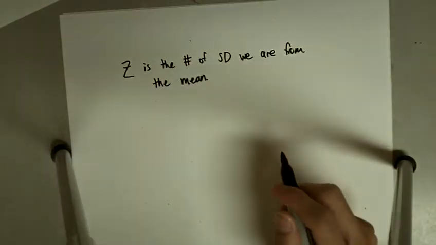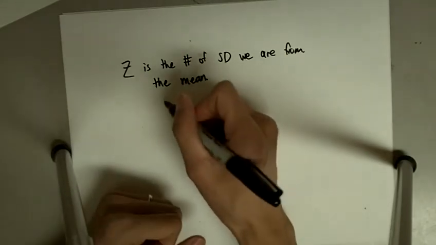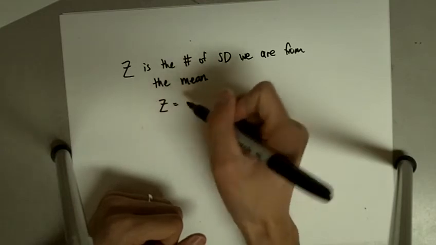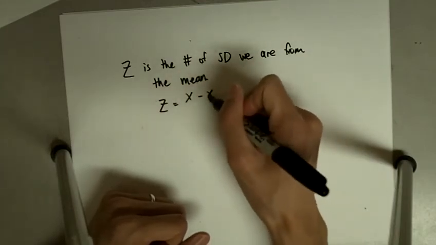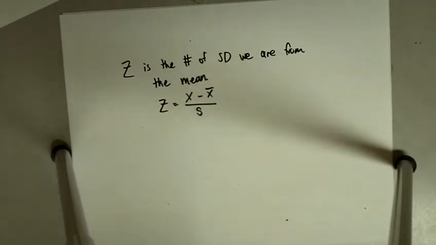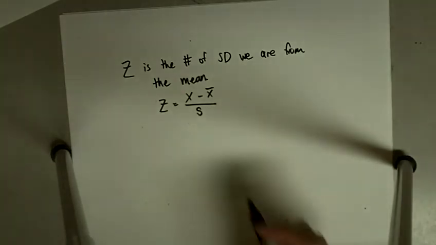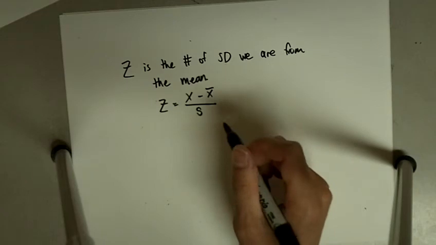And we can compare different z-scores and make comparisons. Sometimes you like formulas. All we have to do is we take the value that we're looking at, subtract off the mean, which is x bar, and divide by the size of each standard deviation. Okay, this is a formula for z-score, but just remember, this is the number of standard deviations from the mean.